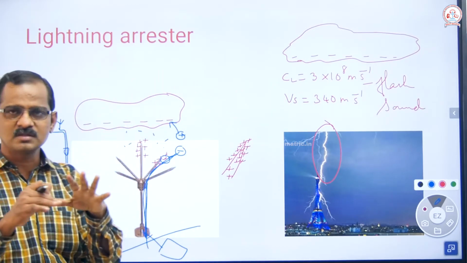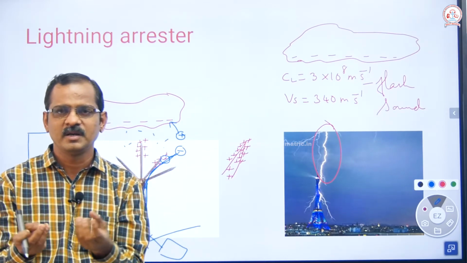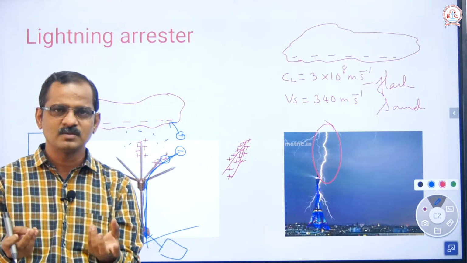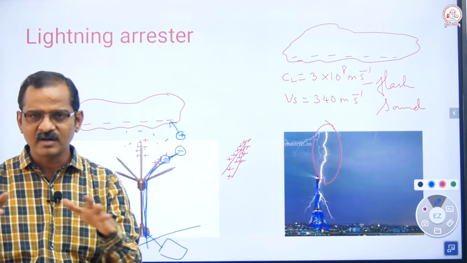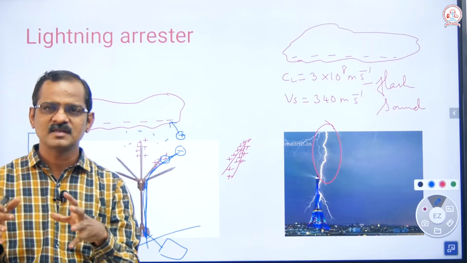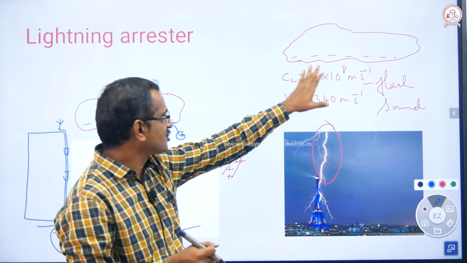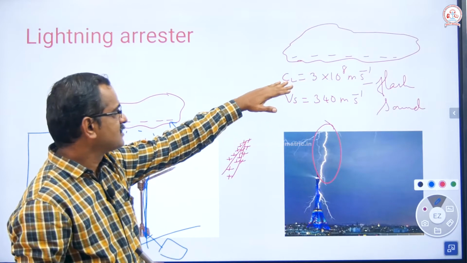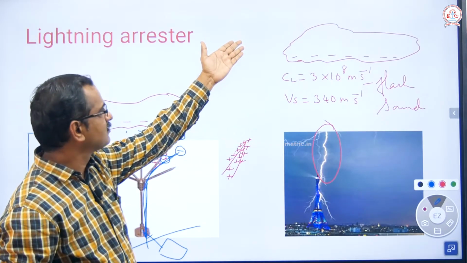We know that clouds are made up of condensed water droplets, water molecules. When they are moving fast, ionization takes place, and then they get charges. Sometimes negative charges will be at the bottom, sometimes positive charges at the bottom or the top.